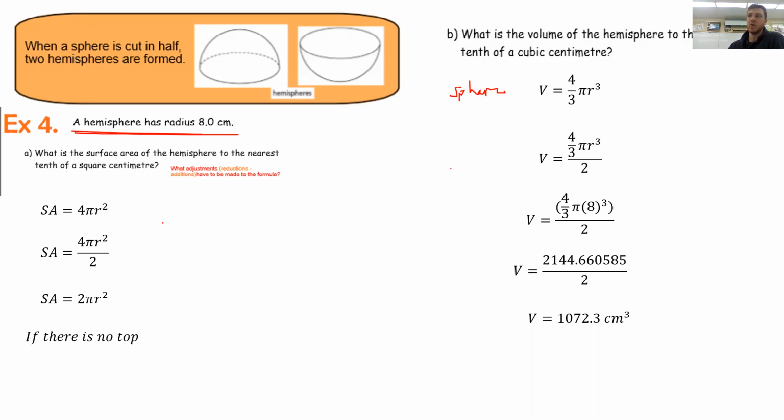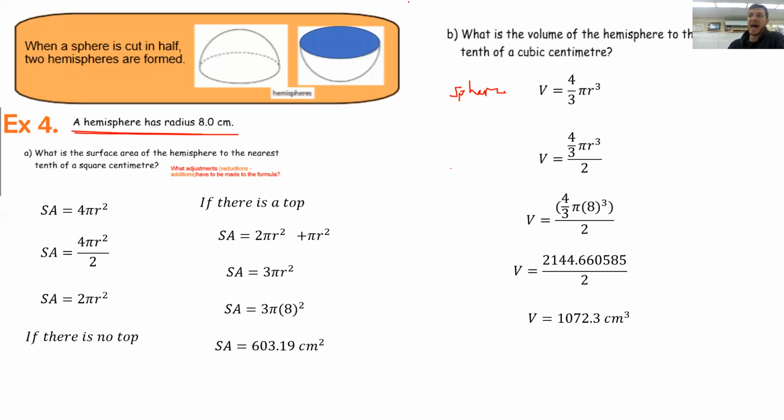When you chop this sphere in half, it's going to be empty on the top. But we know that surface area is everything. Watch my animation. So you need to put a top on that. So you're basically having to add in another circle.